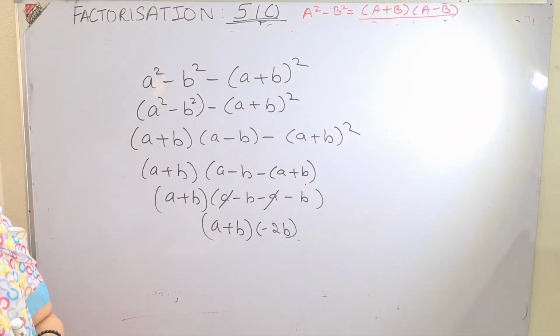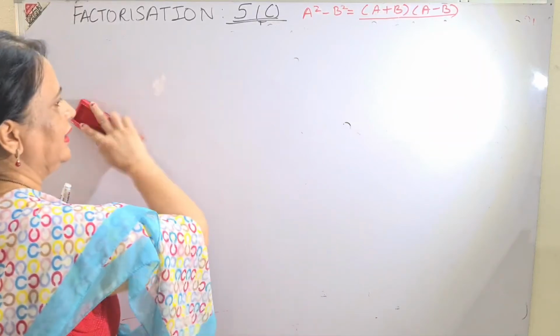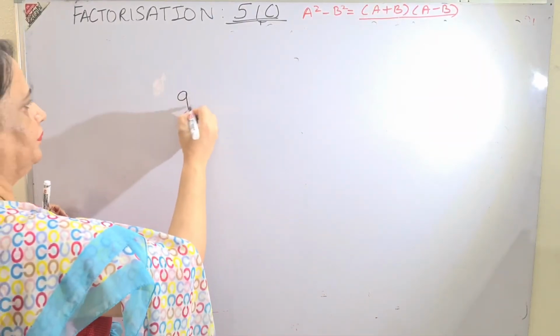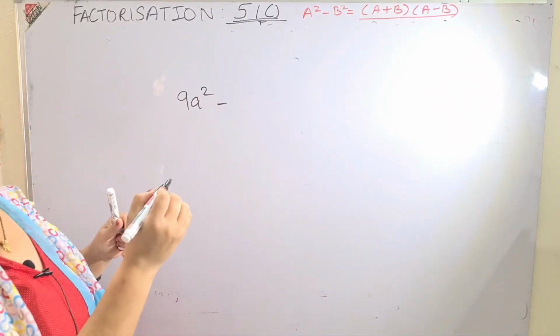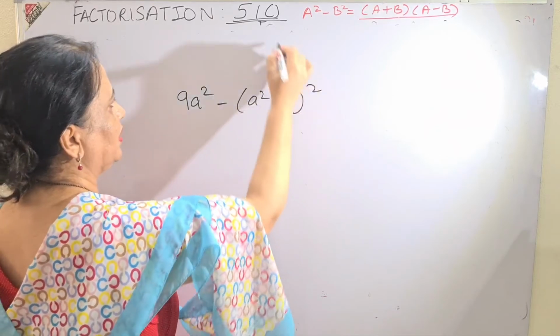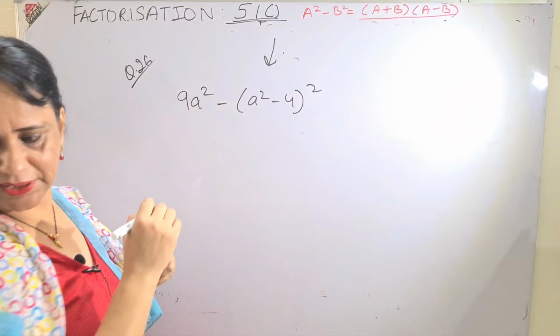Moving to question number 26. Again a very simple one. Easy and simple. The 26th sum is 9a square minus a square minus 4 whole square. This question came in the exam last year, question number 26, I think it is.